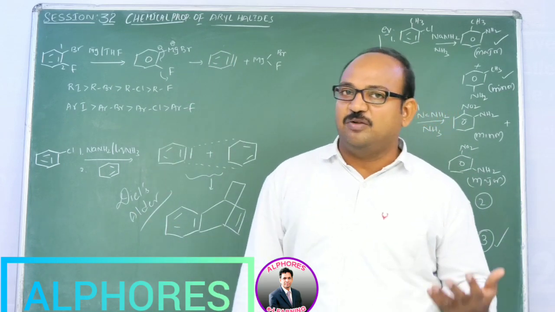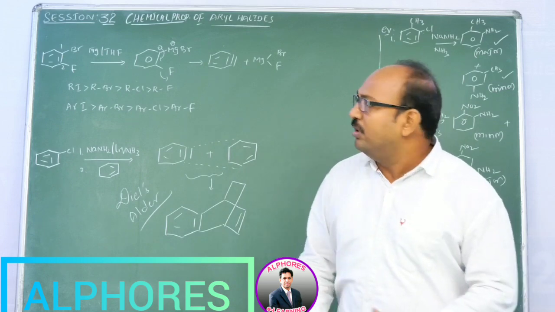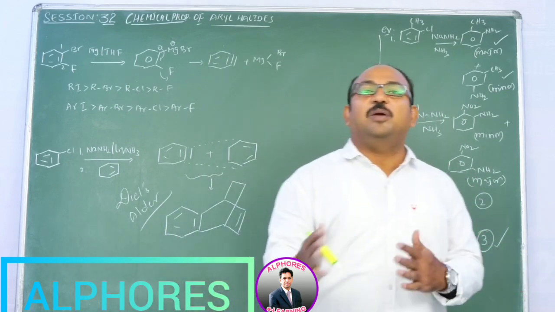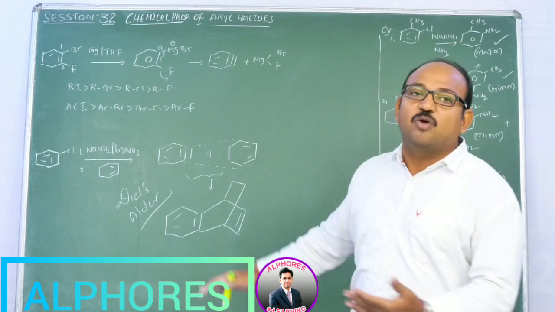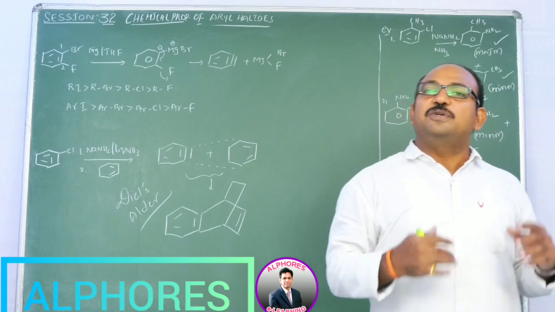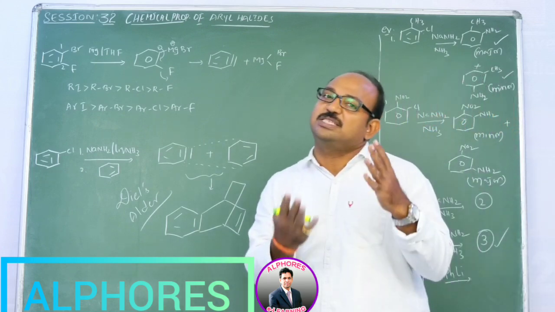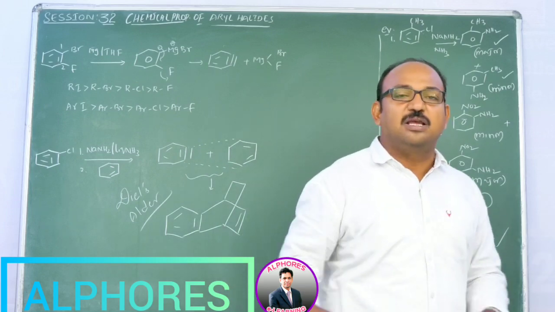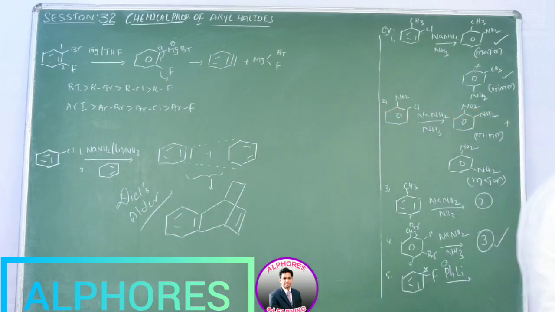Now these are all one type of properties. Now we are going to learn different properties, and some named reactions, shown by aryl halides which are similar to alkyl halides and how they differ from alkyl halides.